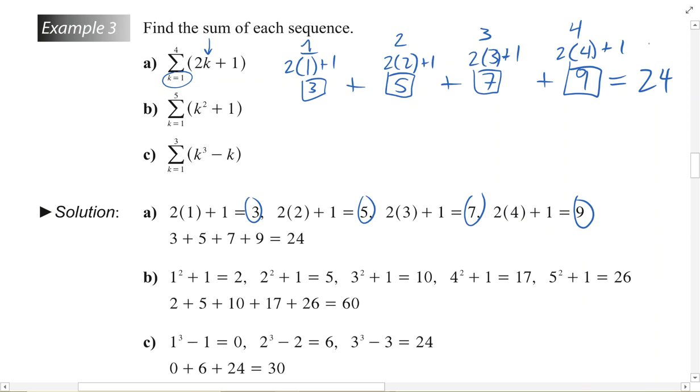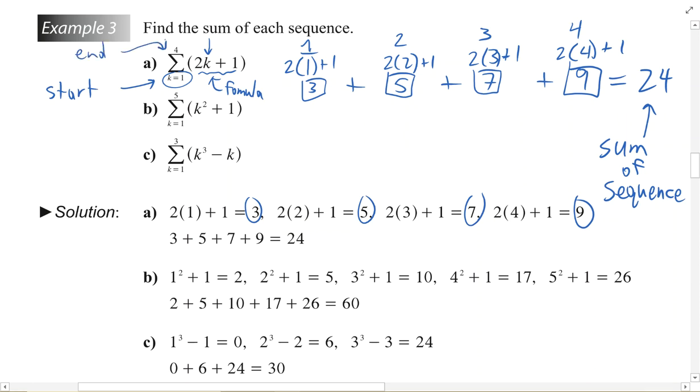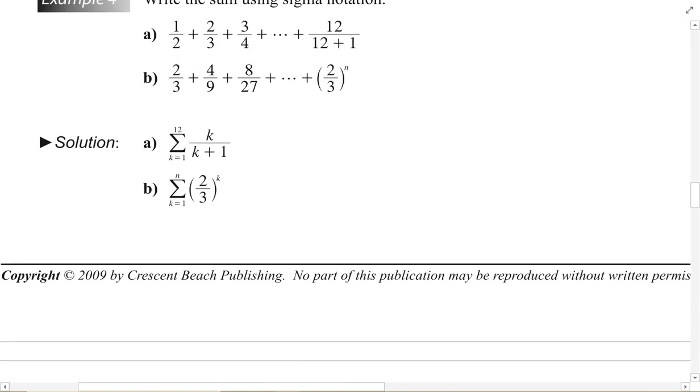Okay, so the 24 is the sum of the sequence using the sigma notation to identify. So here is your formula. This is your start term or your start value, and this is your end value at the top. Okay, and so then you can do that for B and C, and you can see your solution below. All right.